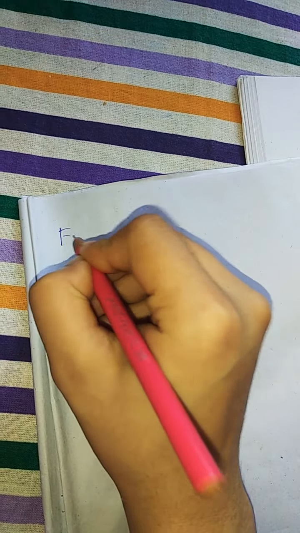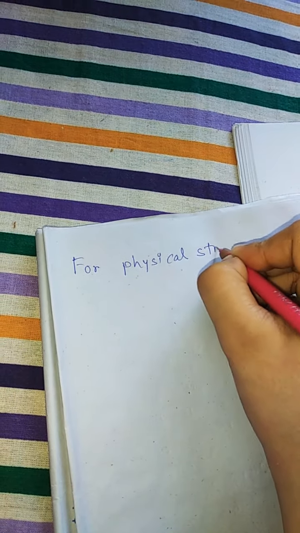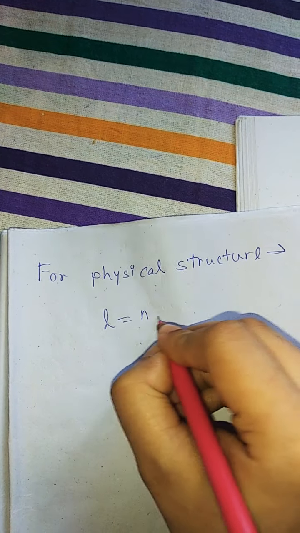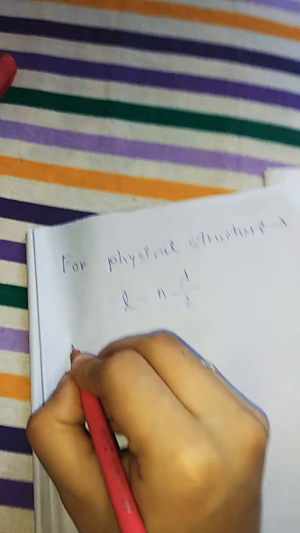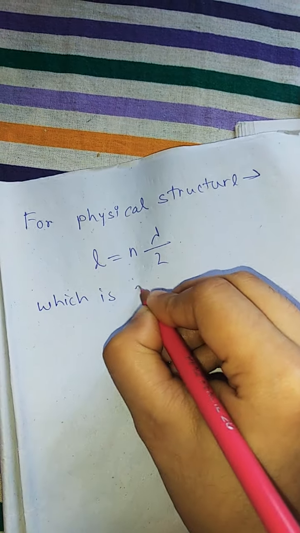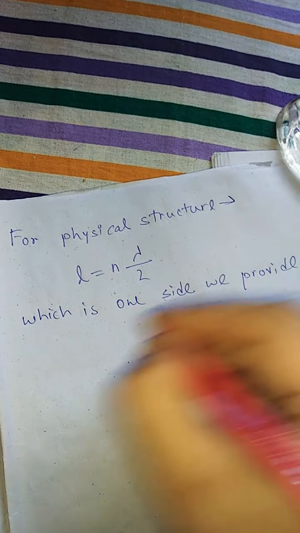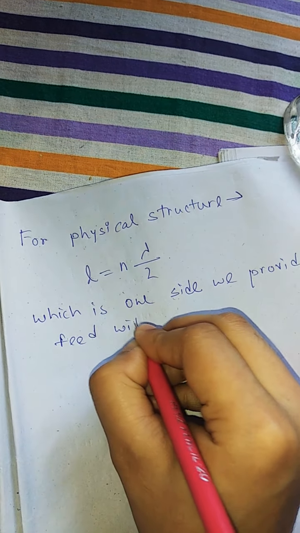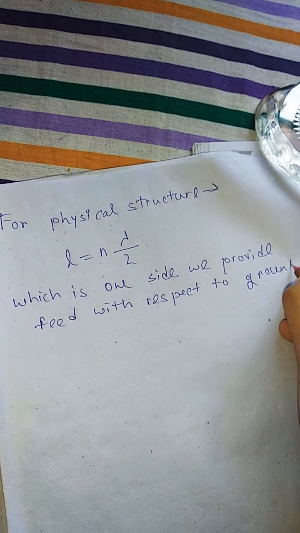For the physical structure, L is equal to n lambda by 2, where on one side we provide the feed with respect to ground.